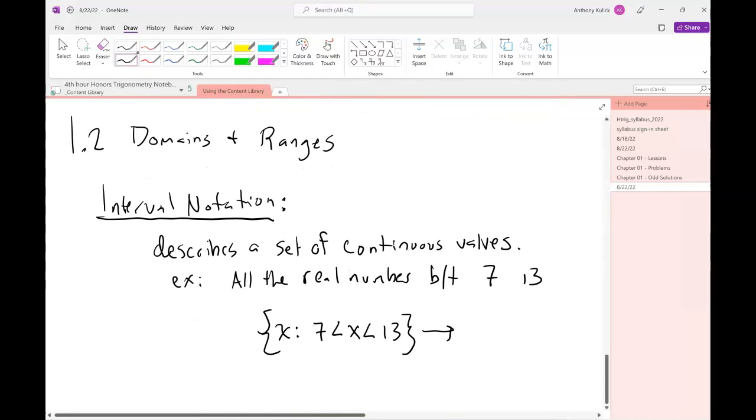Now, that's kind of a clunky notation. Last year, we'd have written just (7, 13) with parentheses at the end, right?